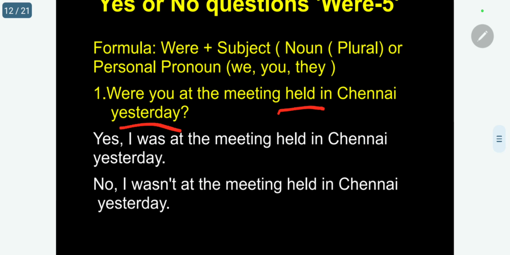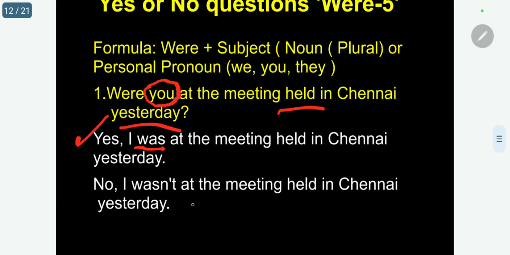That is the question. There are two possibilities. Yes, I was. Please follow. "You" I am changing for "I". Suppose "you" is plural, then I have to use "we". In that case, instead of "was", I have to use "were". Kindly follow. Yes, I was at the meeting held in Chennai.